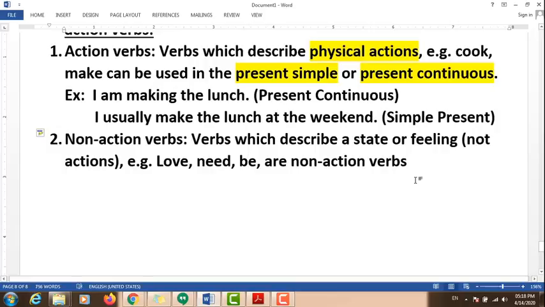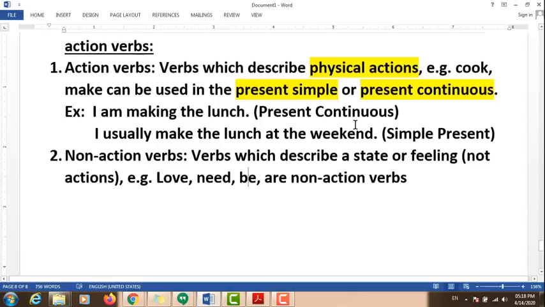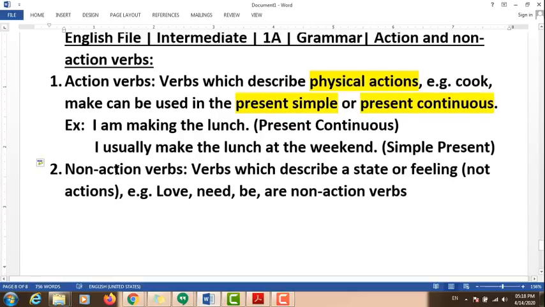So look at this part. Non-action verbs which describe a state or feeling. It does not show what action. Okay, so what do you do with this one?